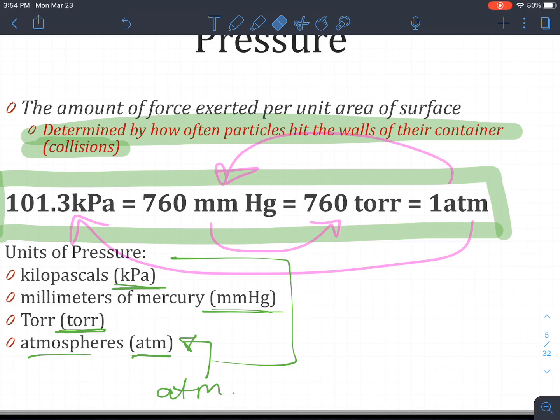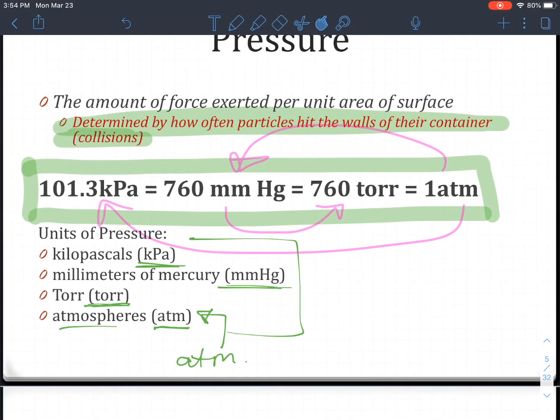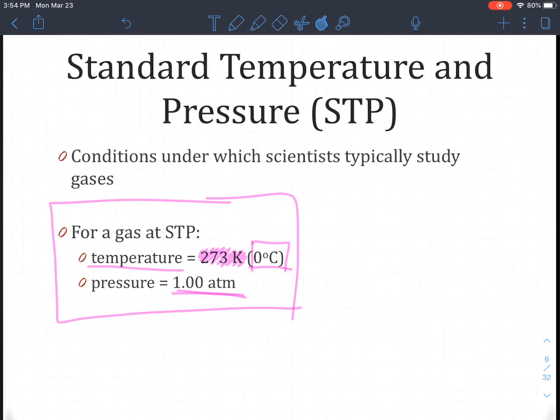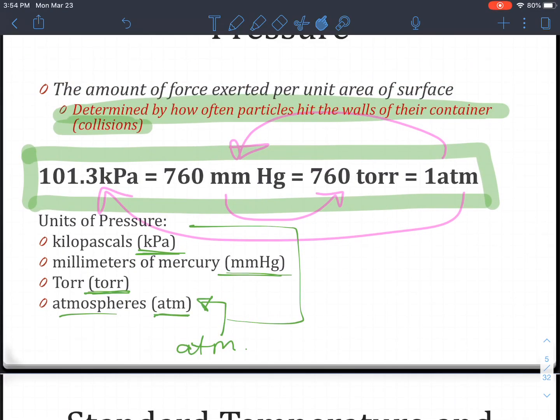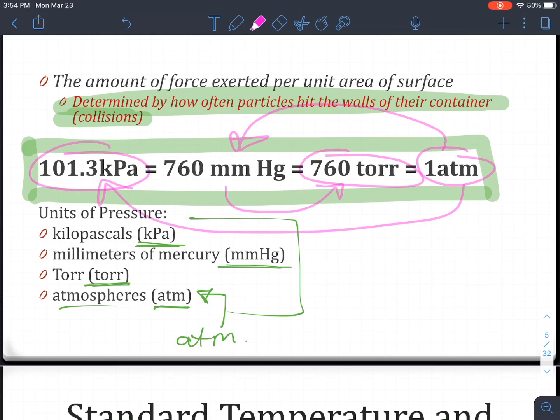So if I ever asked you the standard pressure in kPa, then your answer would be 101.3. If I ever asked you for the standard pressure in torr, then it would be 760. If I asked about atmospheres, well, then it would be 1 atmosphere. So I think you're getting it.